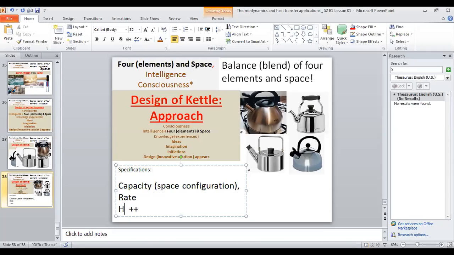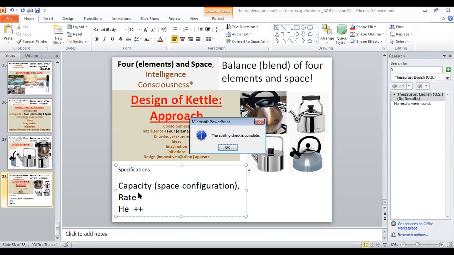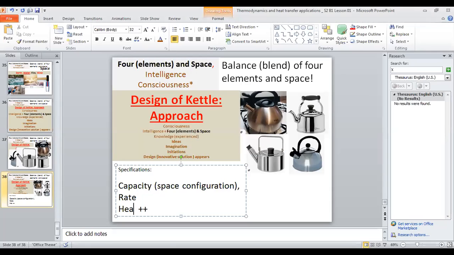So the heat source. Basically your capacity is important, water should be boiled at this rate, and the heat source should be this.